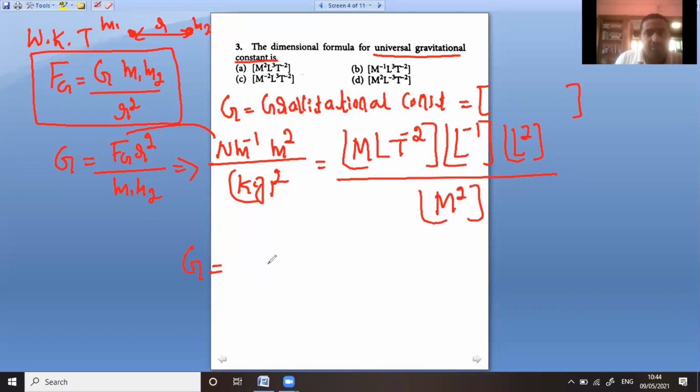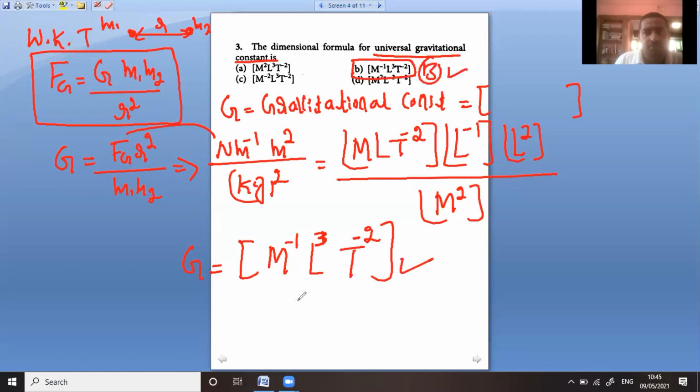So now the universal gravitational constant is M to the power minus 1, L cubed, T minus 2. So which option is similar to this one? M minus 1 L3 T minus 2. That is, option B is the correct answer.